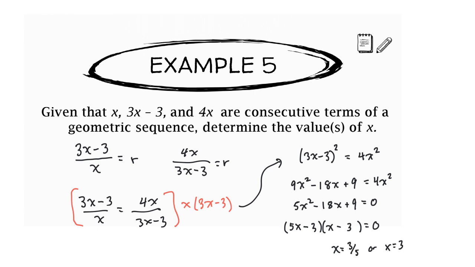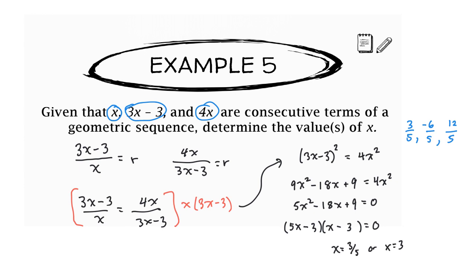If x is equal to 3/5 and I plug it back into the initial given information, I'll get the terms 3/5, comma, 3 times 3/5, which is 9/5, minus 3, which is 15/5, so negative 6/5, and then 4 times 3/5, which is 12/5.